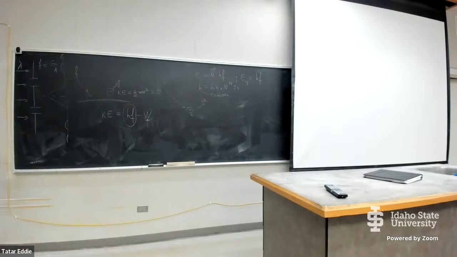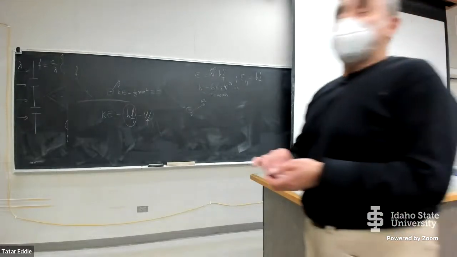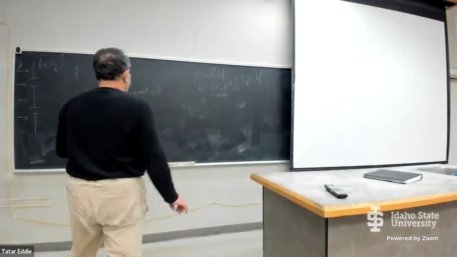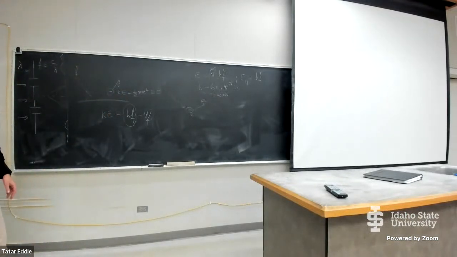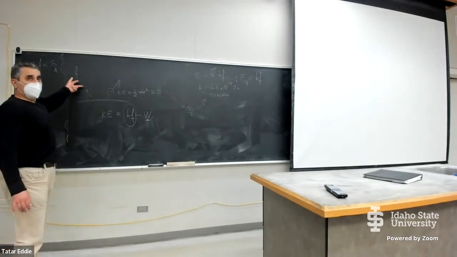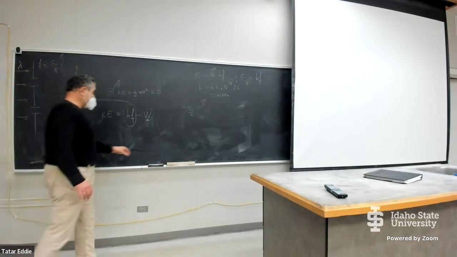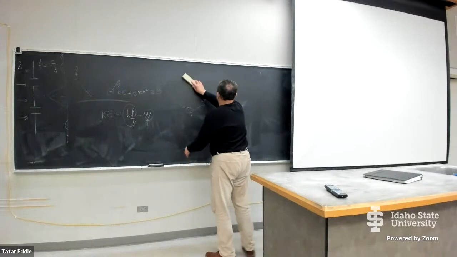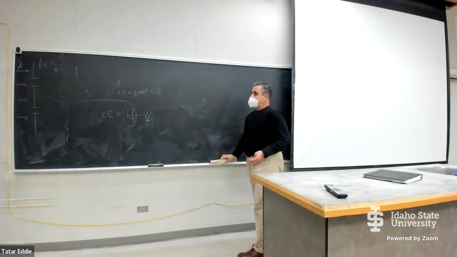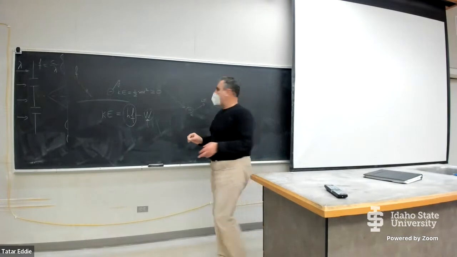And one more experiment that requires interpretation of light as a stream of particles. It's very similar to the photoelectric effect, but it's the so-called Compton effect. It is pretty much the same situation.